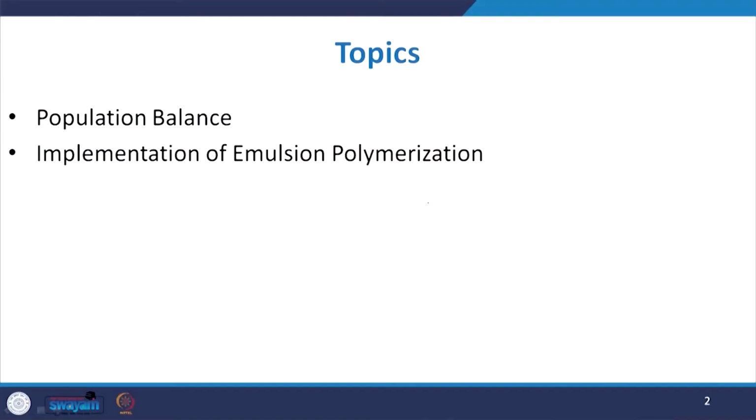Welcome to the second part of particle size distribution and implementation of the process under the head of emulsion polymerization. Now, in the previous lecture we discussed the various concepts and mathematical equations of population balance, and then we discussed in brief the implementation of all these processes applicable for emulsion polymerization.